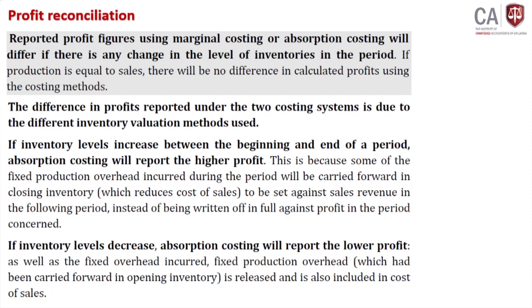Why? In absorption costing, full cost will be considered. In marginal costing, to value inventories, you will use only the prime cost. In marginal costing, closing inventory contains only the prime cost. But in absorption costing, fixed production overhead cost is also absorbed into closing inventory, right? Understand.